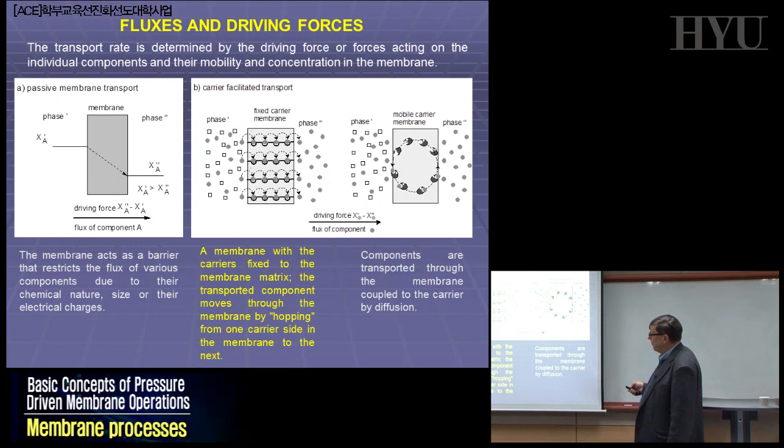Passive membrane transport is the typical case that we will discuss, where the membrane acts as a barrier, which restricts the flux of the various components, a little bit more simply than the previous general description, due to their chemical nature, size, or electrical charge in general. That is typical in reverse osmosis, in gas separation, etc.